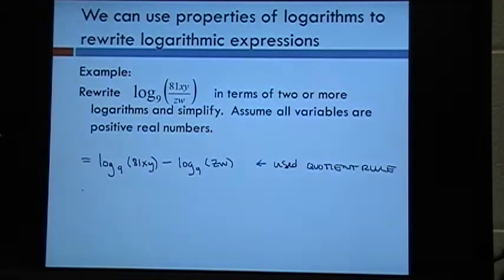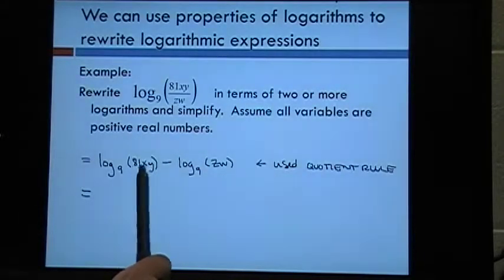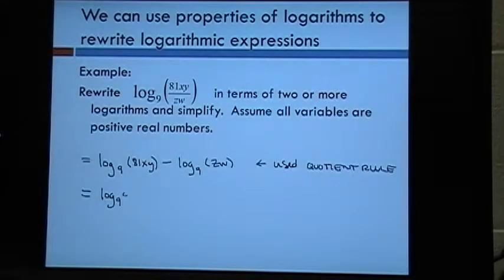And now I can use the product rule, since I have multiplication, to separate it further. So this would be log base 9 of 81 plus log base 9 of x plus log base 9 of y.